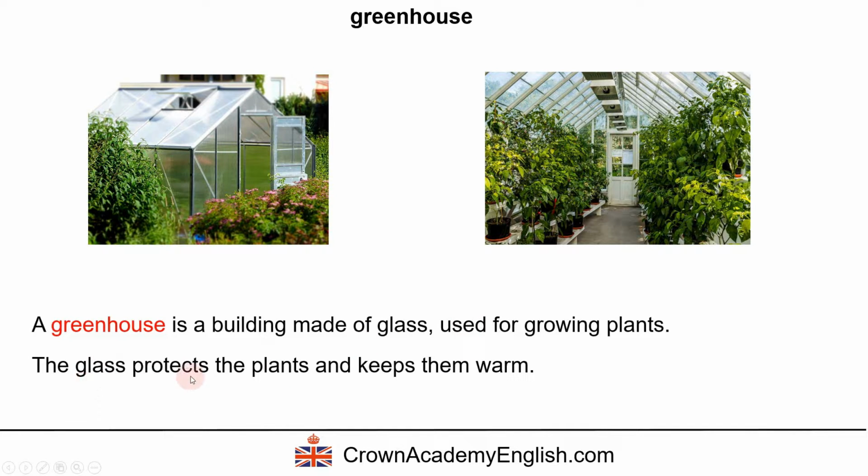The glass protects the plants and it keeps them warm. So the plants inside the greenhouse are protected from the wind, and they are also warm, because inside the greenhouse it is very warm.